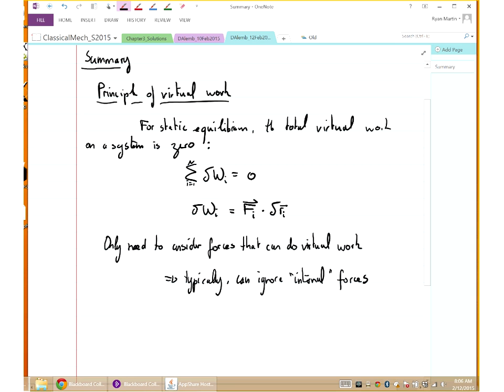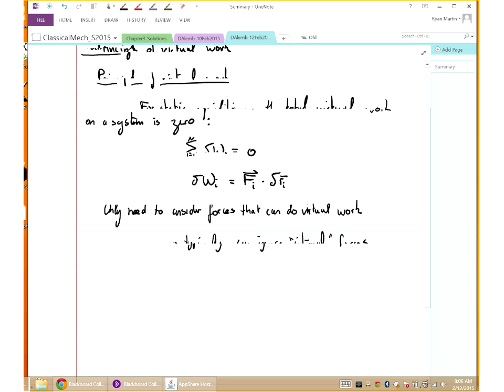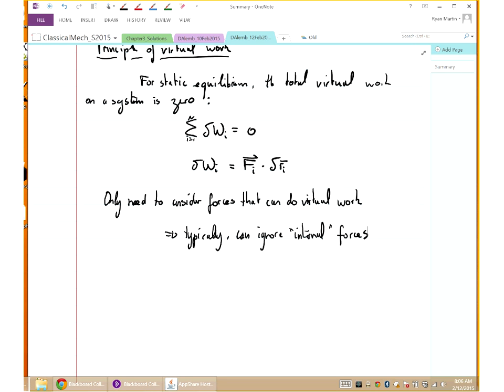So that's in contrast to the vectorial approach, where in order to have static equilibrium, you have to consider all of the forces and all of the torques. And the sum of all the forces and the sum of all the torques are 0, and you have to include all the tension and normal forces and reaction forces, etc., to solve the problem. So this is actually a much more simple way to solve it once you've gotten used to the strategy of setting up generalized coordinates and generalized virtual displacements.